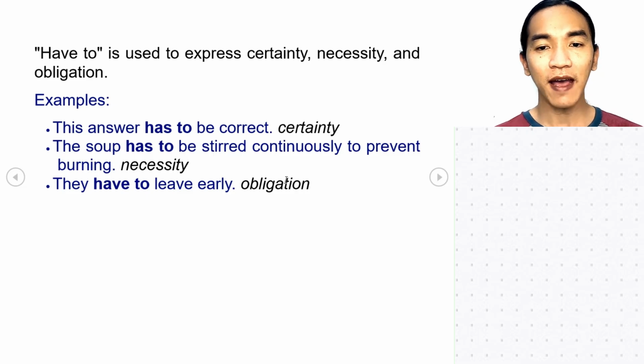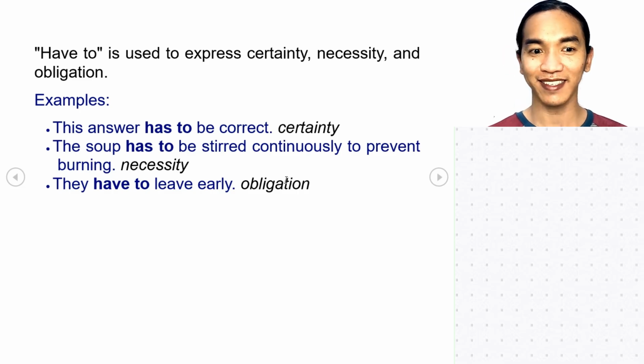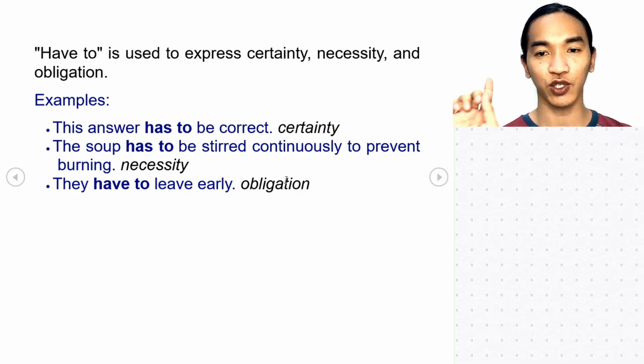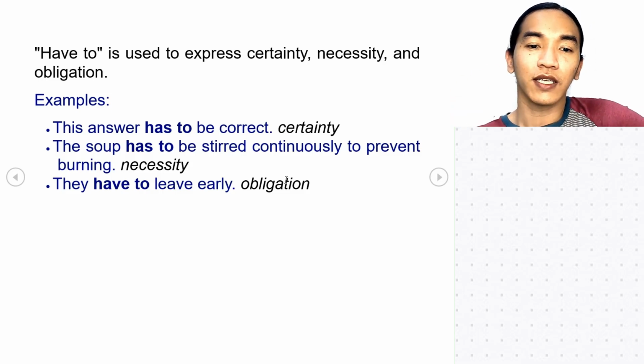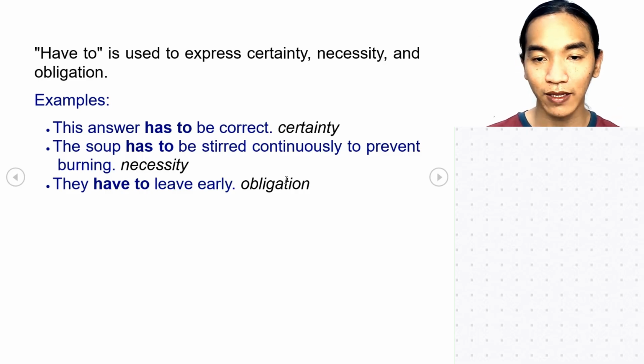So, example sentences that we have here: this answer has to be correct. I'm certain. So, this is about certainty. I'm sure. Next one, the soup has to be stirred continuously to prevent burning. This is necessity. It's a must. We need to do it. Okay.